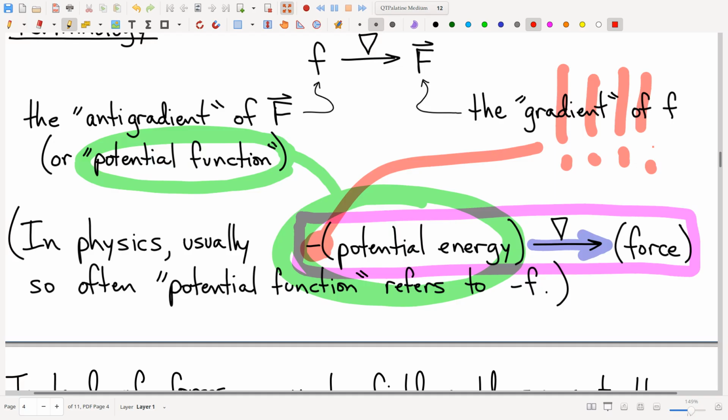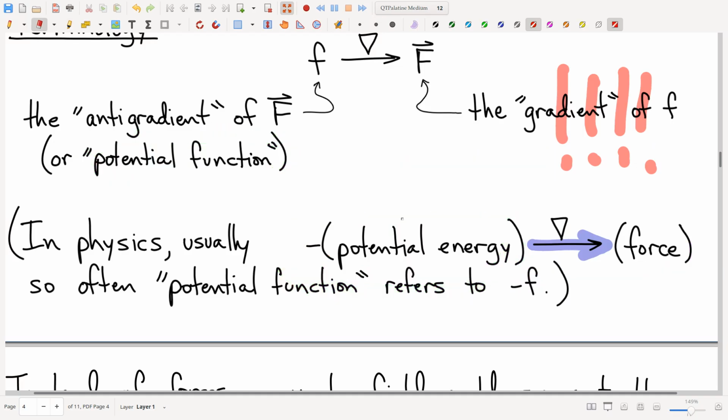There's nothing physical going on there. What if you're just doing math just because? There's no physical example there. So anyway, to me, I think this is unfortunate. That's a strong word. It's my personal preference. You're going to hear me say anti-gradient. You're going to hear most other people say potential function. I just wanted you to be aware of the pros and cons of those terms.